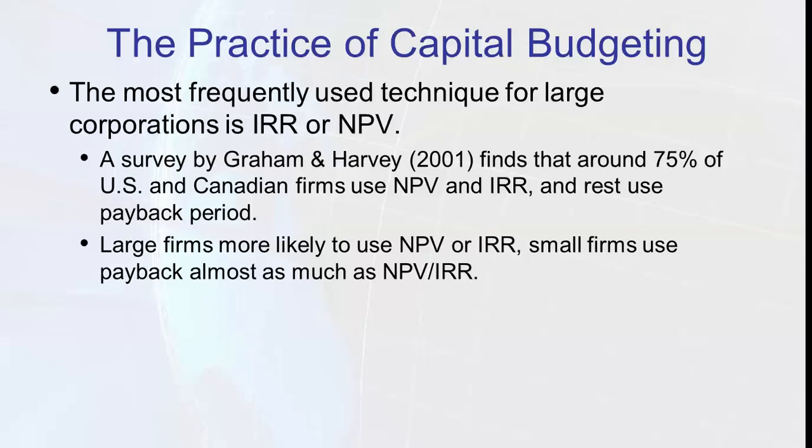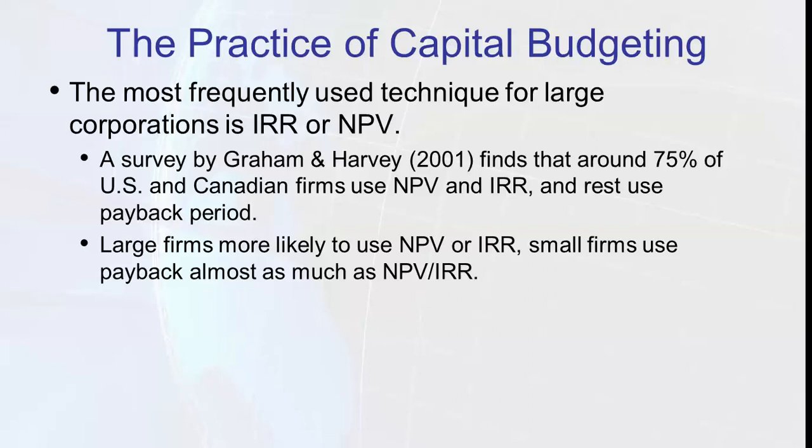Okay, now which capital budgeting technique is popular or widely used? The most frequently used techniques for capital budgeting are NPV and IRR. Graham and Harvey published a paper in 2001, and they reported that about 75% of the US and Canadian firms use NPV and IRR, and the rest use the payback period.